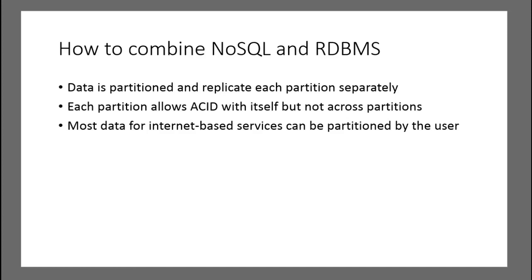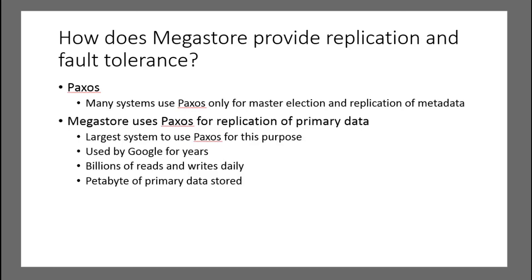And so most of your interactions with a data store will be with a single partition and give you all of the advantages of a relational database. But the entire data set can still be partitioned and replicated across many different servers, giving you the scalability of a NoSQL database.